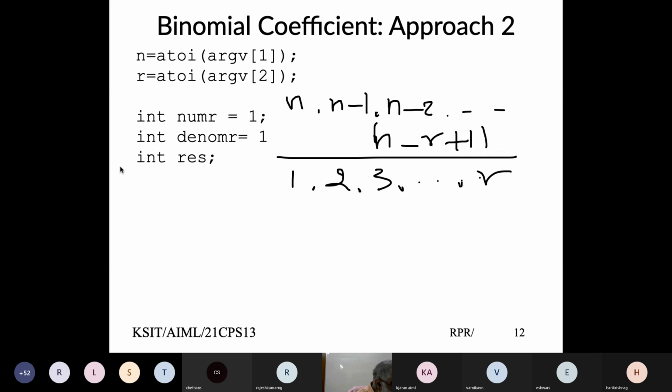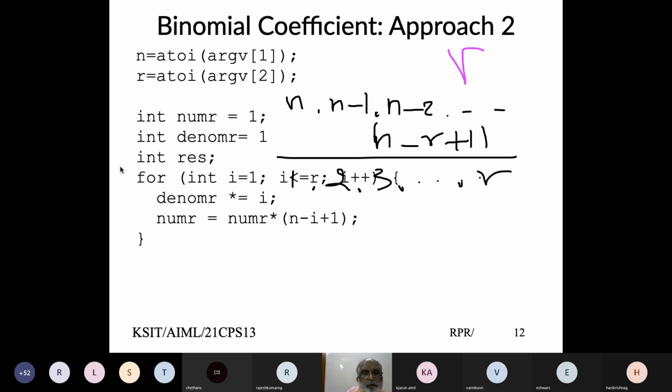Both my numerator and denominator have r terms. I know the number of terms, so that means I should run a for loop with number of terms being r. And that is what I should precisely be doing.